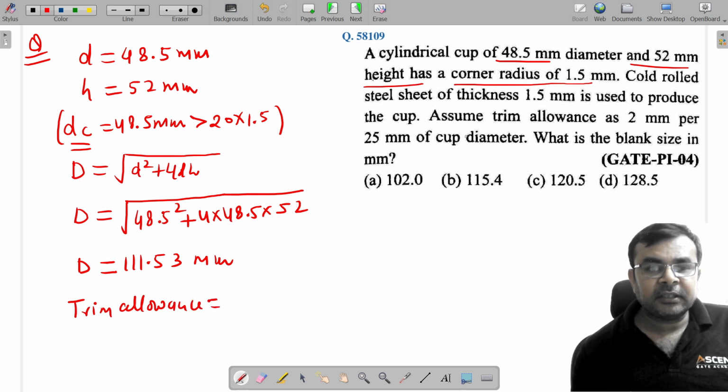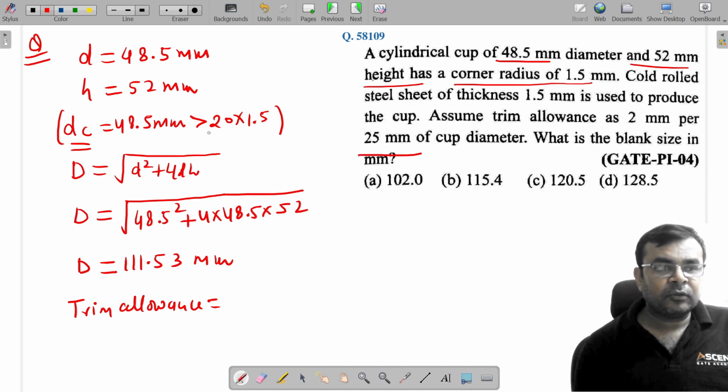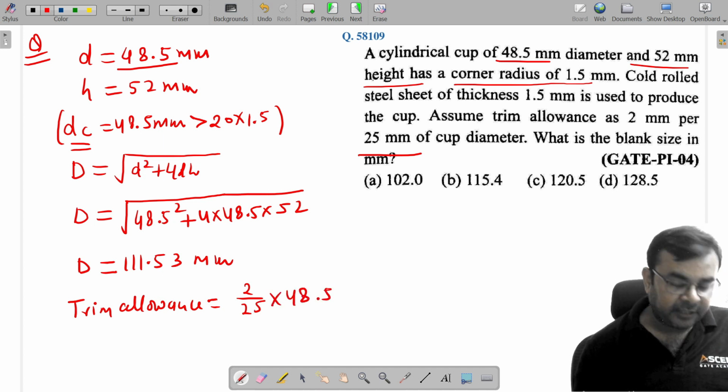So trim allowance is 2 mm per 25 mm of cup diameter. Correct? So the cup diameter is 48.5. So can I say this is 2 mm per 25 mm cup diameter? So for the unit, can I write 2 by 25 into 48.5? Yes or no?